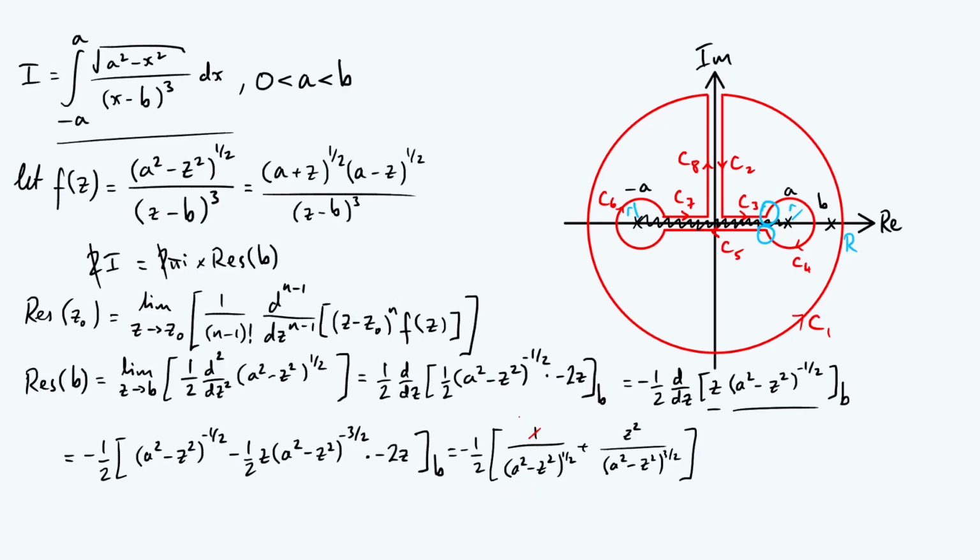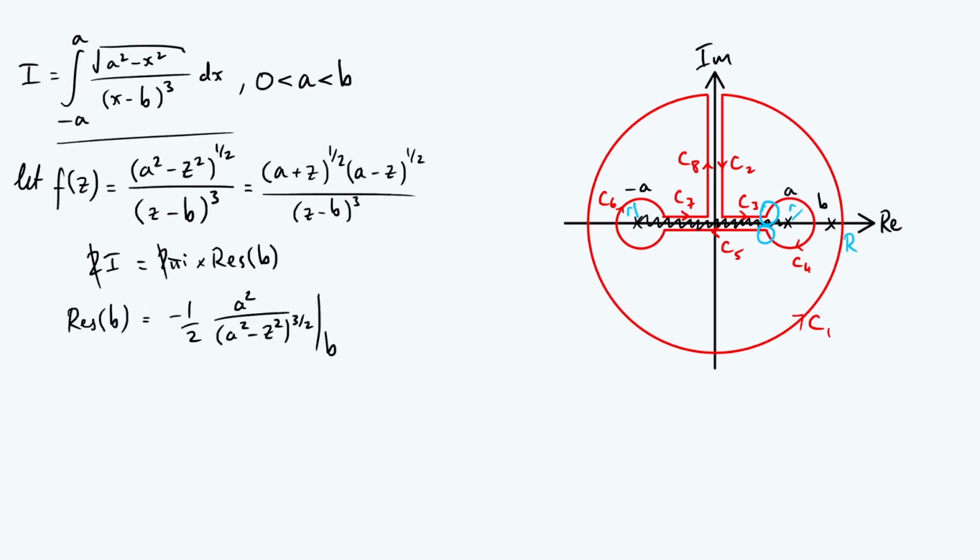So this one is going to turn into just a squared minus z squared, and then we can turn that power into 3 over 2, so the denominators are the same. And then this is great because when you add them, this z squared will cancel with this z squared, and you are left with minus a half a squared over a squared minus z squared to the 3 halves. Remember, this is all in the limit as z goes to b.